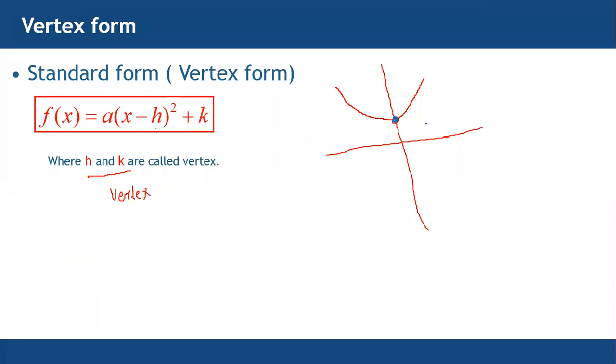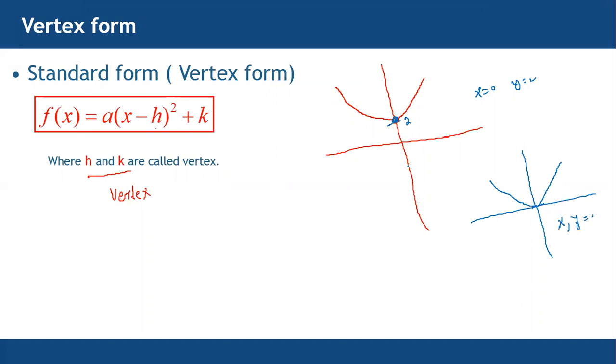For example, in this case, both are 0. x is 0 and y, let's suppose, for example, starts the graph from 2. So y is equal to 2. Or if we have another graph like this one, both vertex point x and y are 0, because the graph is starting from 0.